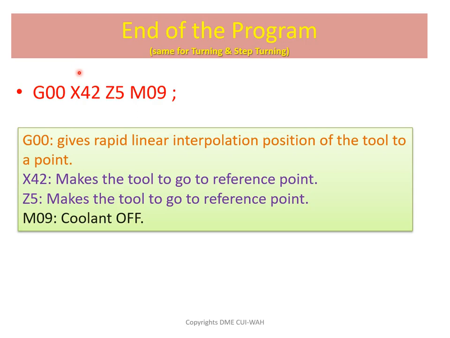Z10, it is similar. The tool will move 10 mm away from the workpiece in the positive Z direction. Means it is again moving the tool away from the workpiece. And M09 is used for turning the coolant off. In the previous slide, we used M08, in which we turned the coolant on. Now in M09, we have turned the coolant off.